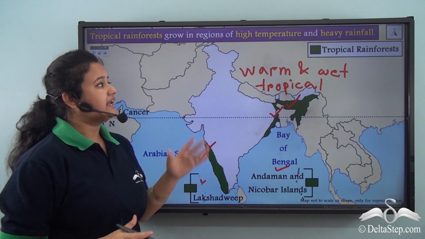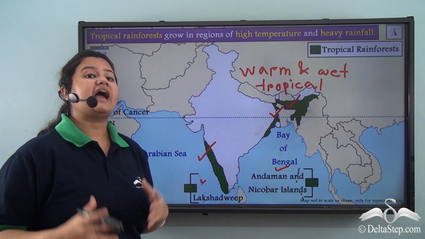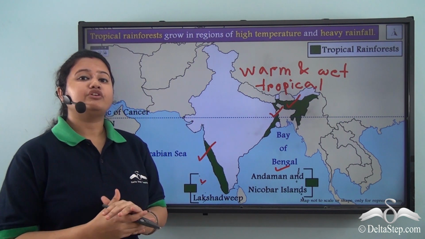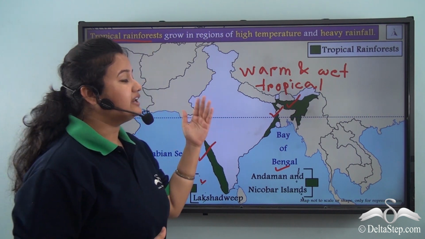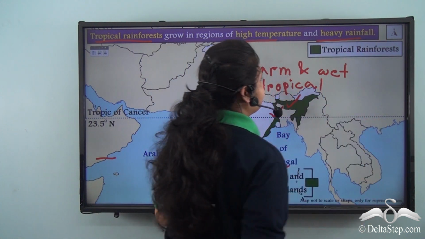This is to say that these regions experience high temperature and heavy rainfall, and therefore here we find that tropical rainforests grow in regions of high temperature and heavy rainfall.